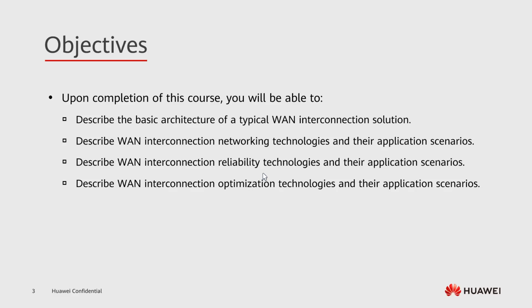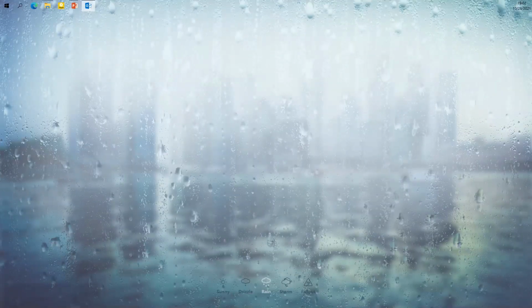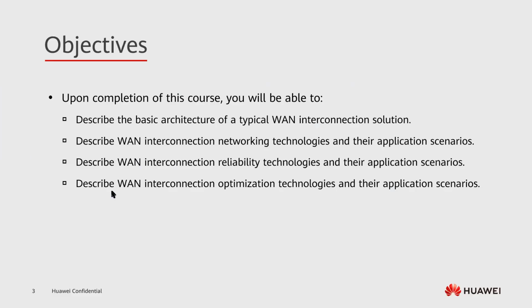Upon completing this course, you will be able to describe the basic architecture of the typical WAN, and describe the interconnection networking technology and their application scenarios. Then you will be able to understand the reliability technology and the optimization technology for the WAN.